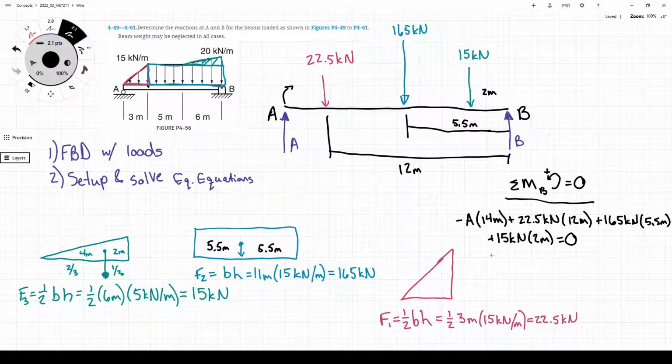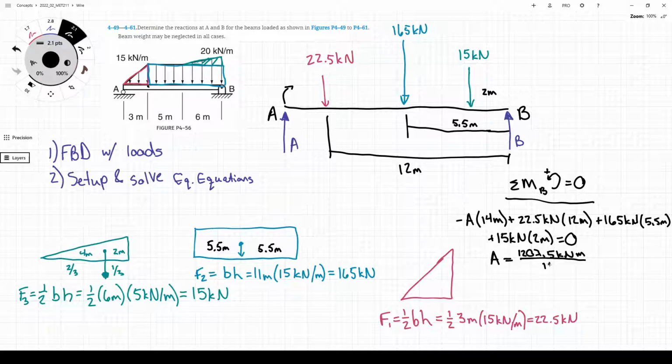So we'll add A times 14 to both sides. We've got A equals, and if we calculate all of these, 22.5 times 12 plus 165 times 5.5 plus 15 times 2 is 1207.5 kilonewton meters.